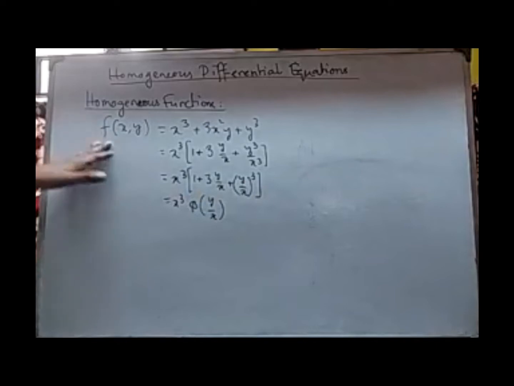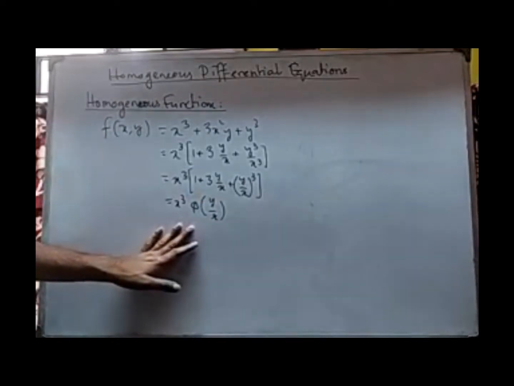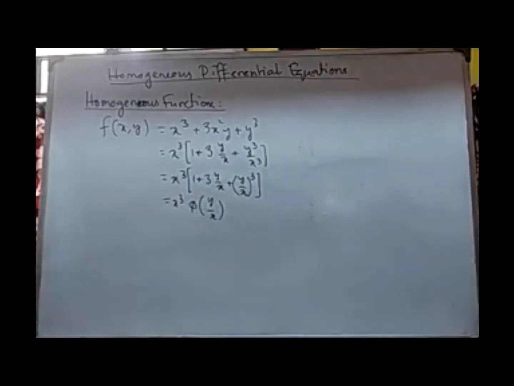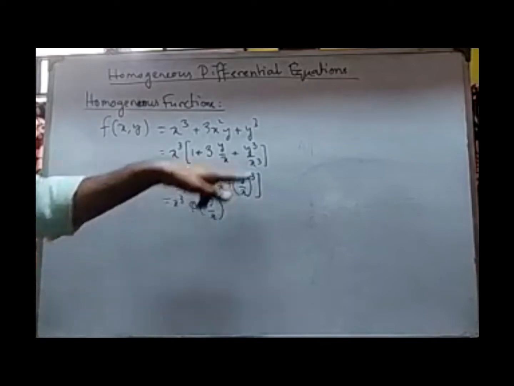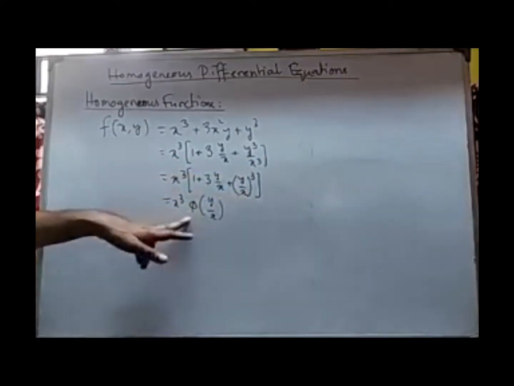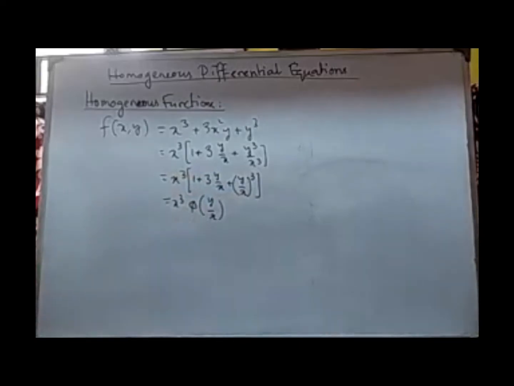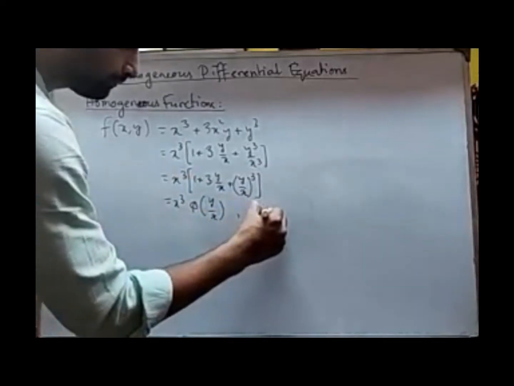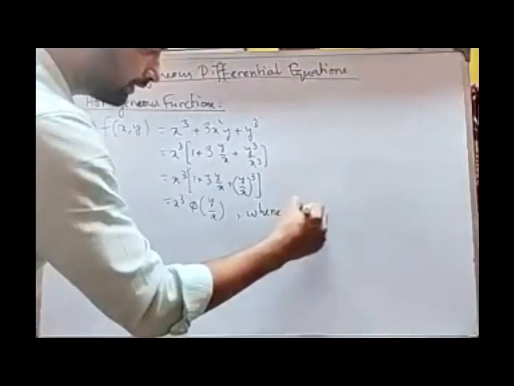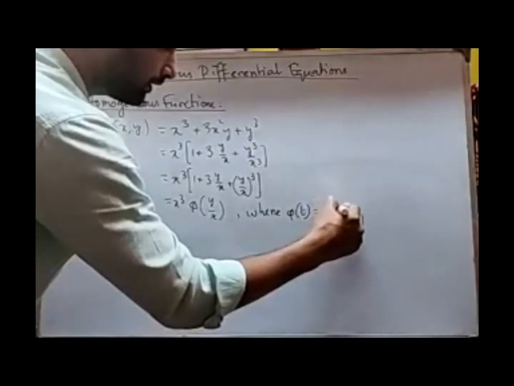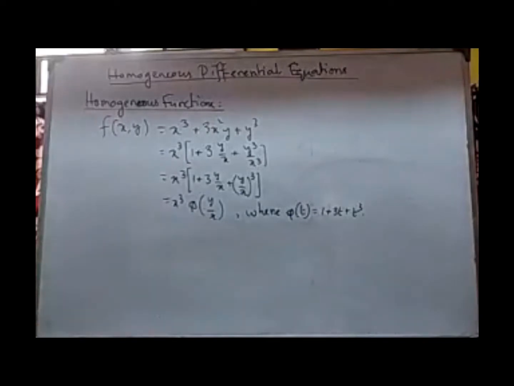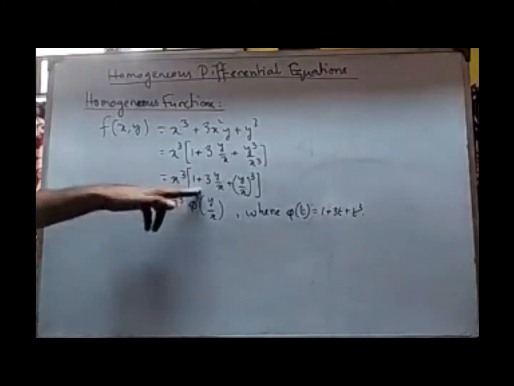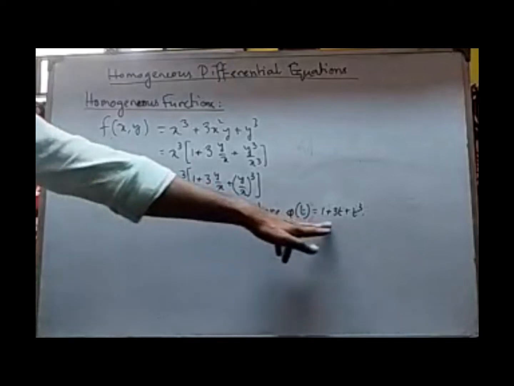If f of xy can be written like this, x cubed into some function of y by x. Here this function 1 plus 3y by x plus y by x whole cube, that function we are denoting as phi. We can write phi t is equal to 1 plus 3t plus t cube. Means if you replace t with y by x, then you will get this thing. So phi is actually this function.